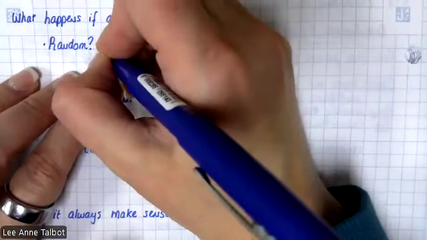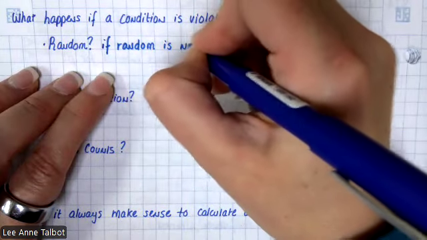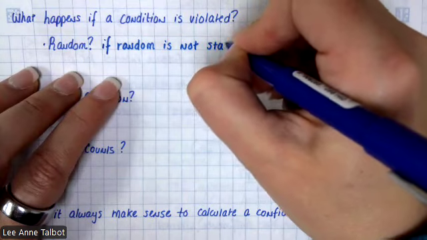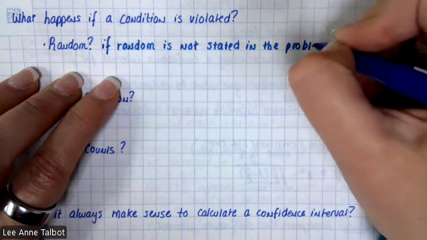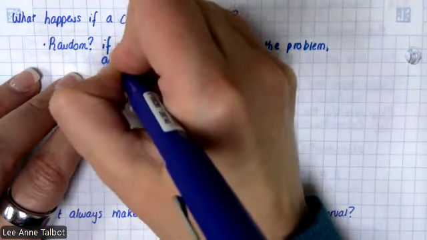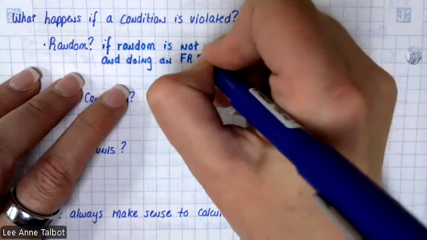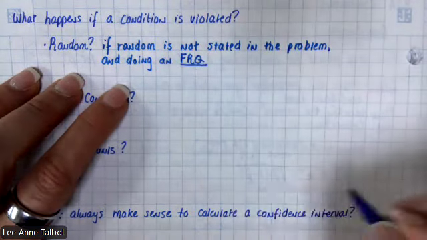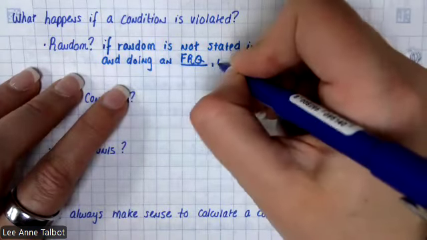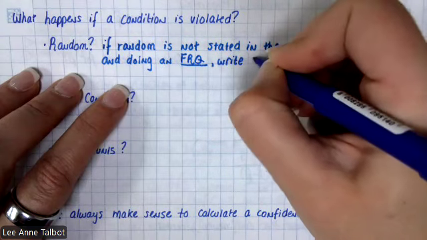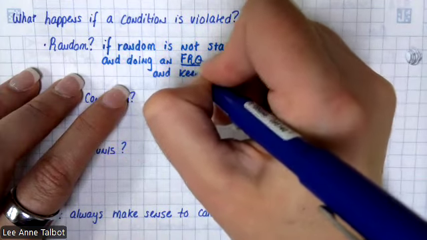So for the random condition, if random is not stated in the problem, and you're doing an FRQ, very different from doing an MCQ, assume and keep going.